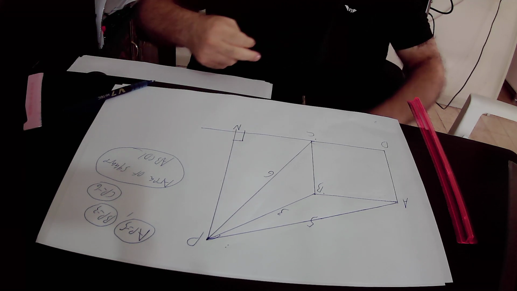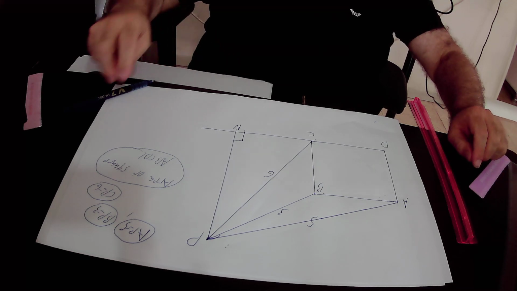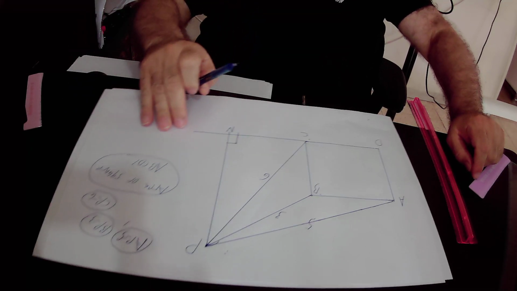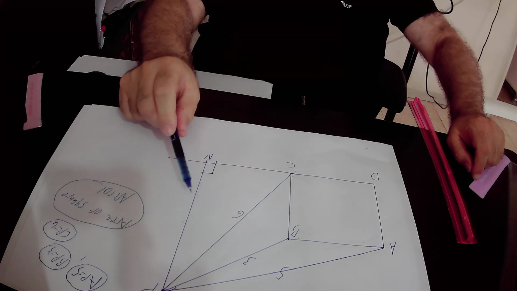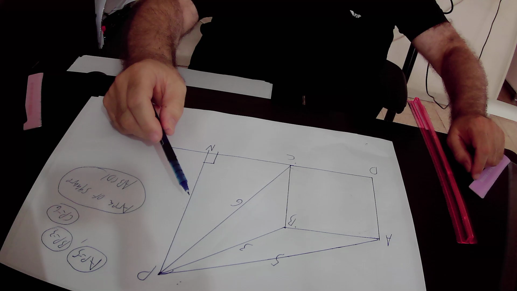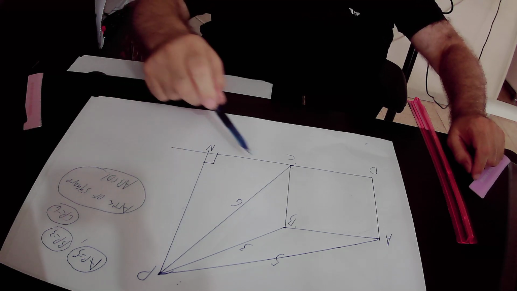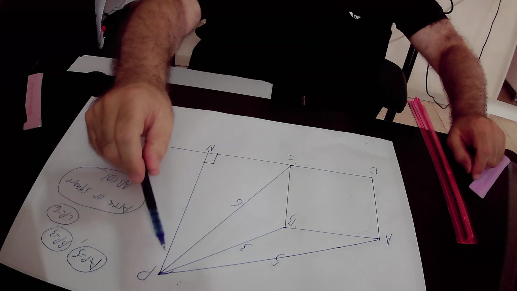In the next step, we will do another construction. From this point B, we will draw a perpendicular on PN.